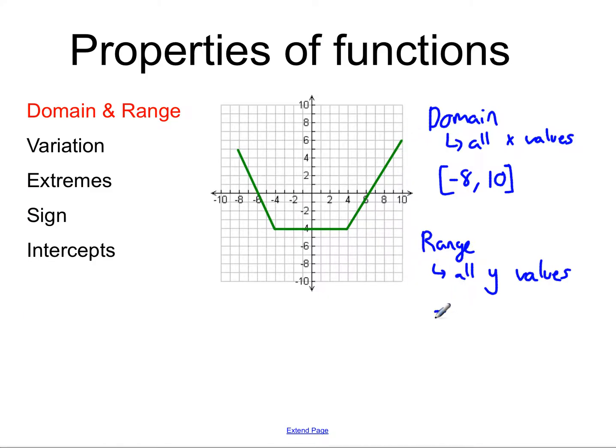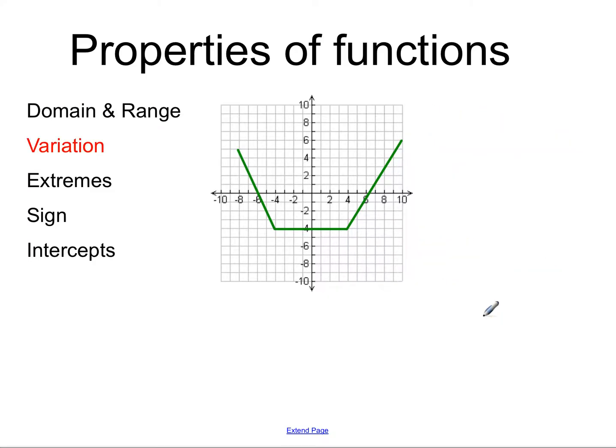So I will include -4 for this one, and it goes from -4 all the way up to 6. So I will include 6 as well. And this is the range. This interval says we go from -4 all the way up to +6. So there's your little review of domain and range.